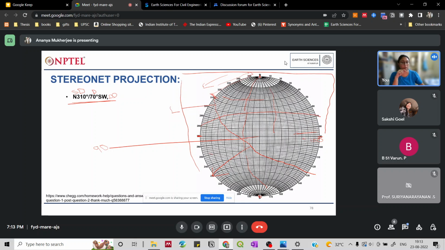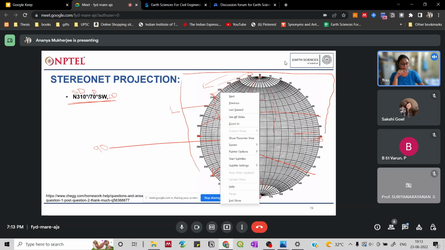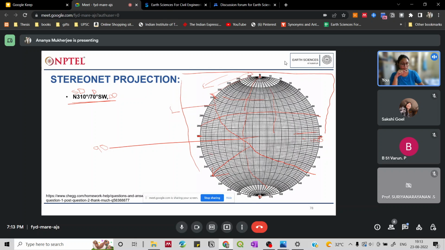Suppose you cannot understand where's the actual plane of the fold, so you have the two limbs, and you get the strike direction, the dip amount and the dip direction of the limbs of the fold. The point where they meet is going to be the hinge point, the hinge of the fold.